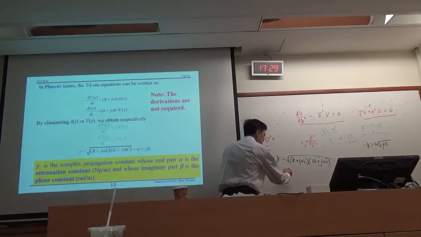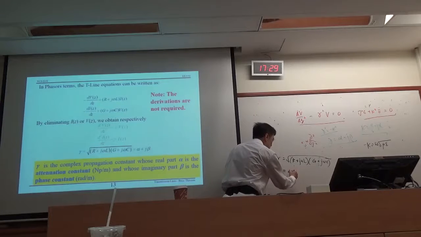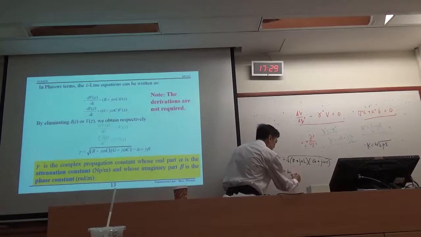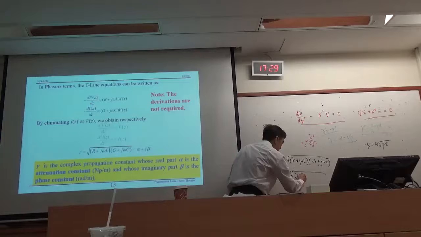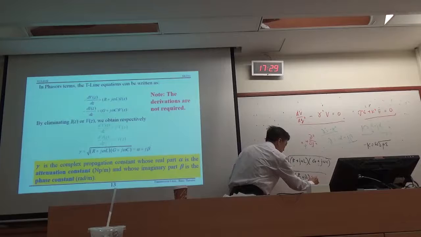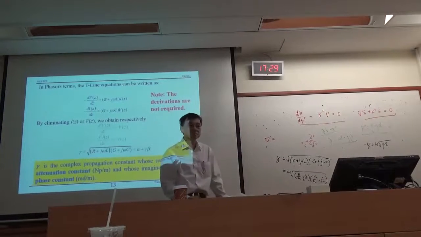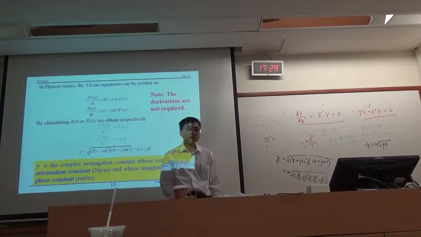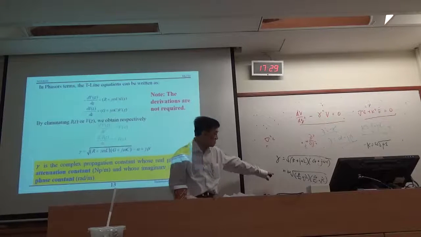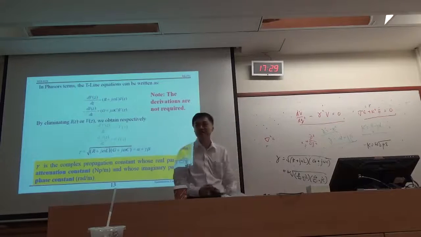Can I write it in terms like this, which is equal to omega times (R over omega plus jL)(G over omega plus jC)? So now I have omega there already, right?